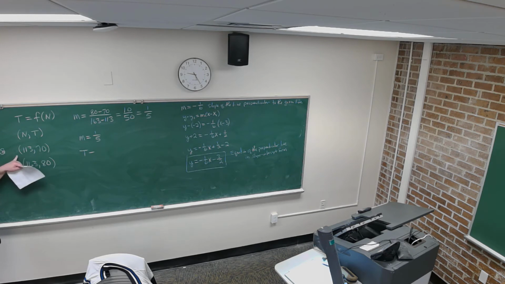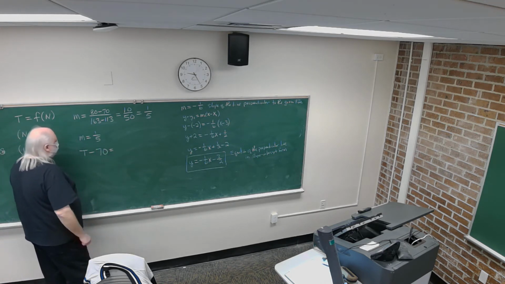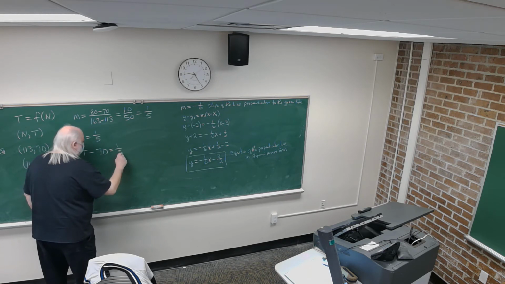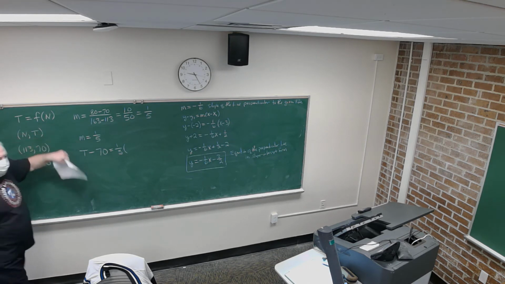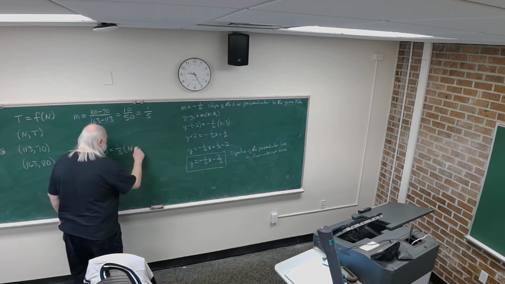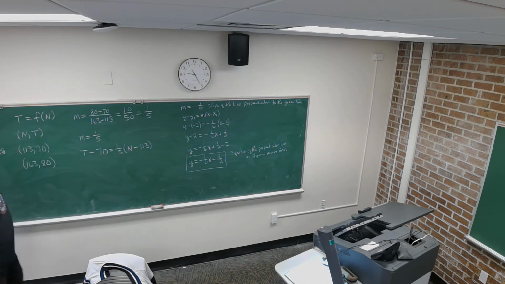T is the dependent variable, so we have T minus 70 equal to the slope m, 1/5, times the independent variable N, which replaces x, minus 113. So that is our equation in point slope form. But now we've got to simplify.